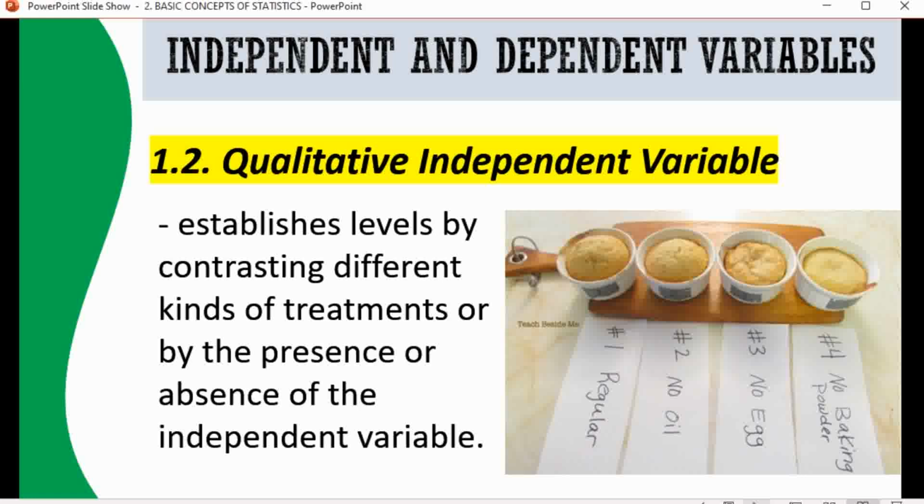So you can have no baking powder, no egg, no oil, regular. These are different treatments. So you may compare these things because of the variations of changes, not dependent on the amount. So those are what we call the independent variables.